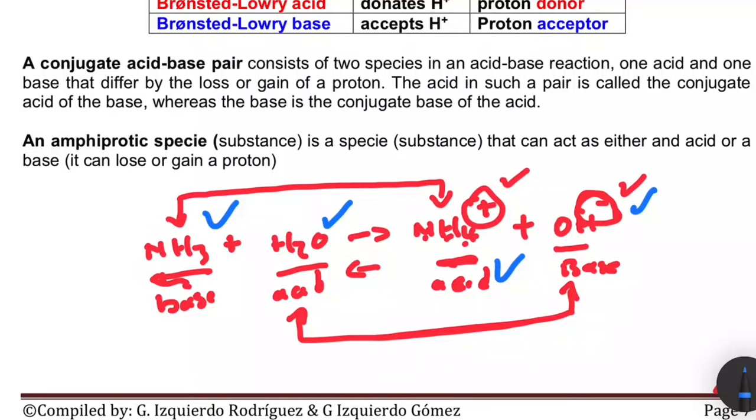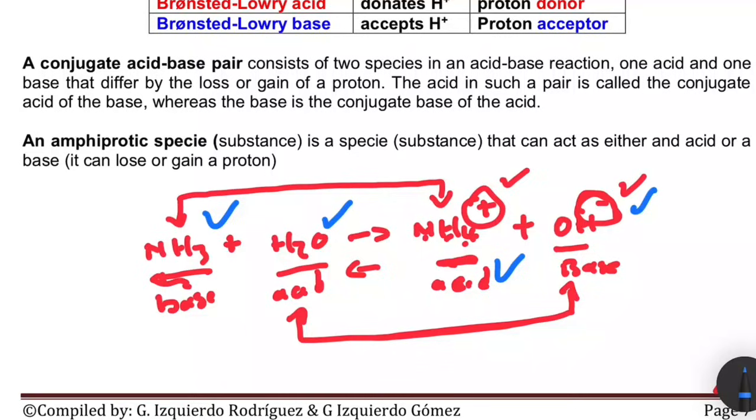A good example of an amphiprotic species, we used to call it an ampholyte back in the days, is H2O. Clearly, you've seen that when H2O reacts with a base, it acts as an acid, and when it reacts with an acid, it acts as a base. So it is amphiprotic because of that.